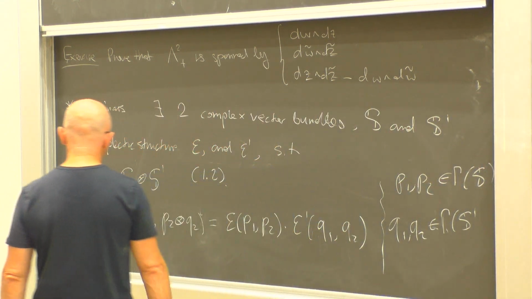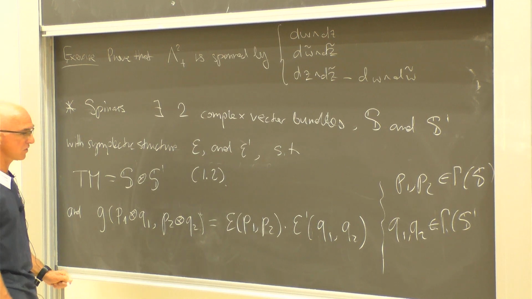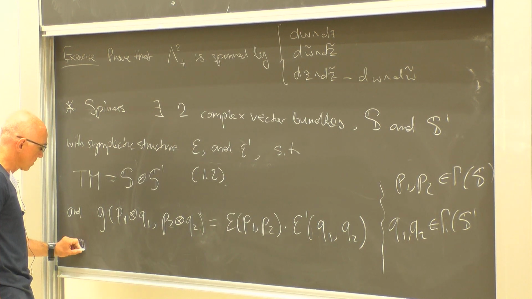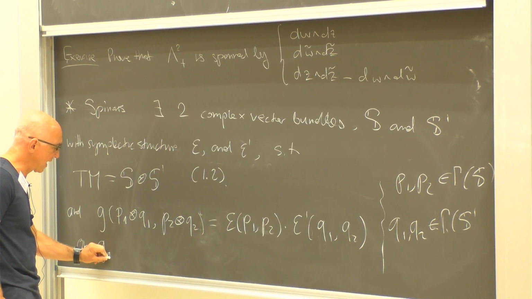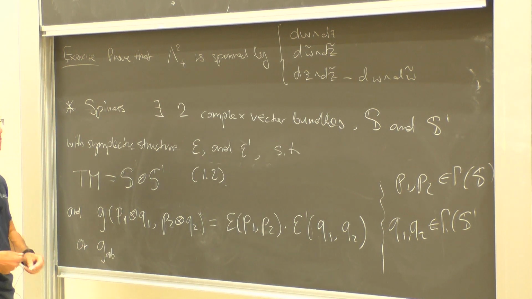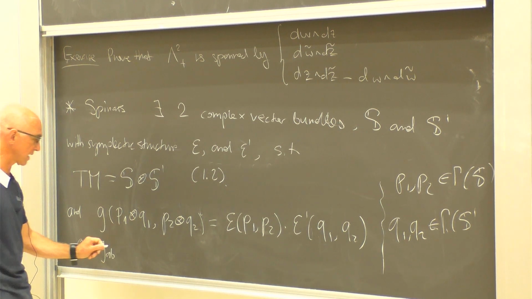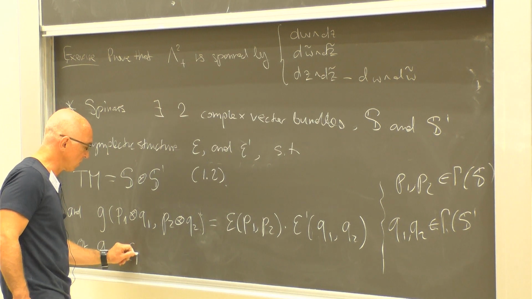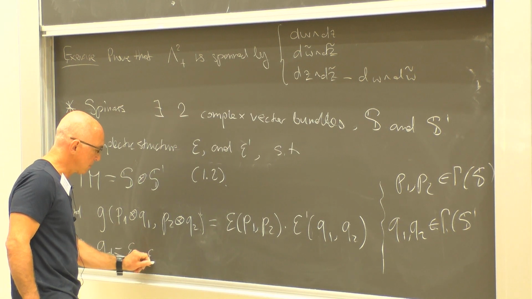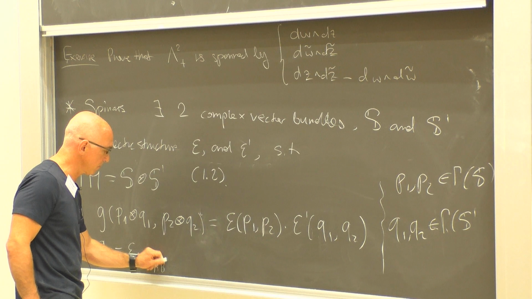Sometimes this formula is written more concretely using indices as g_AB, where AB is kind of a vector index of Minkowski space, is epsilon_AB epsilon_A'B'.